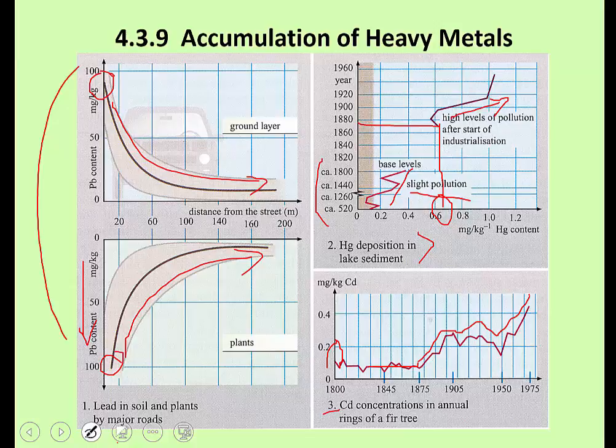They can only be changed in form. They can be tied up in different complexes or different minerals. They can be released into soil, into air, into water, but you're not going to really get rid of lead, get rid of cadmium. All you can do is try to tie it up somewhere where it's not an issue to us as human beings or to the environment, to plants and animals.